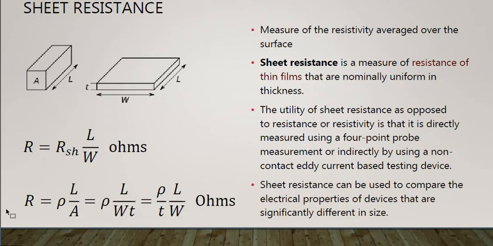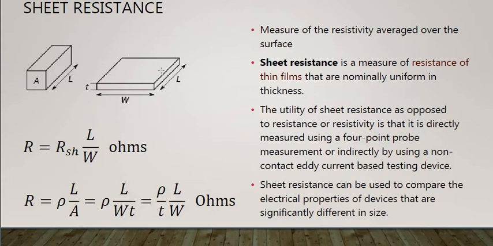How did we obtain this? R is equal to rho into L by A. Rho is the resistivity, L is the length of the thin film, and A is the area of the thin film.